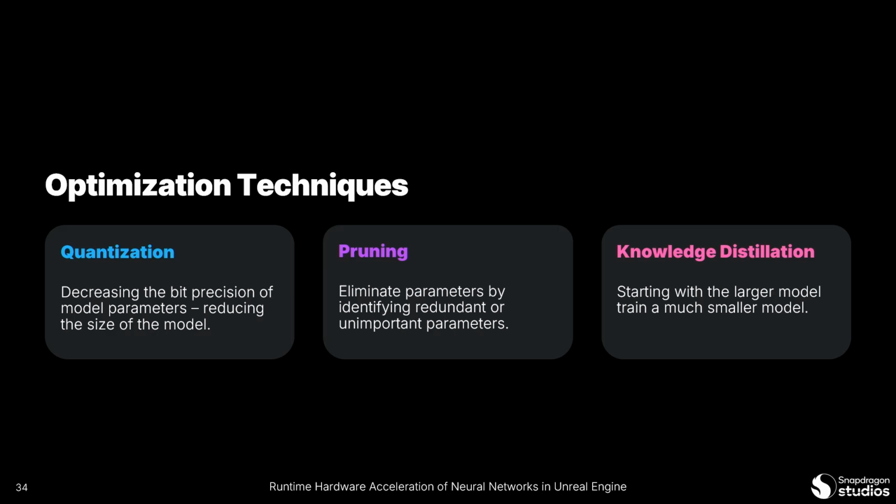To optimize a model for mobile devices, you might consider quantization, which is decreasing the precision of the parameters of the model, pruning, which is eliminating redundant parameters, or knowledge distillation, which is training a smaller model with a larger one. The Qualcomm SDK provides tools for quantization, so this is the one I want to display in more detail.